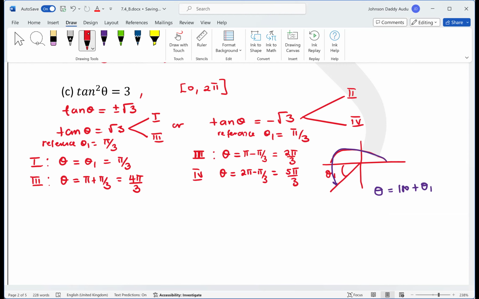Unlike the case where we added 2 pi, the period of tan is pi. So we can just add pi k to it.